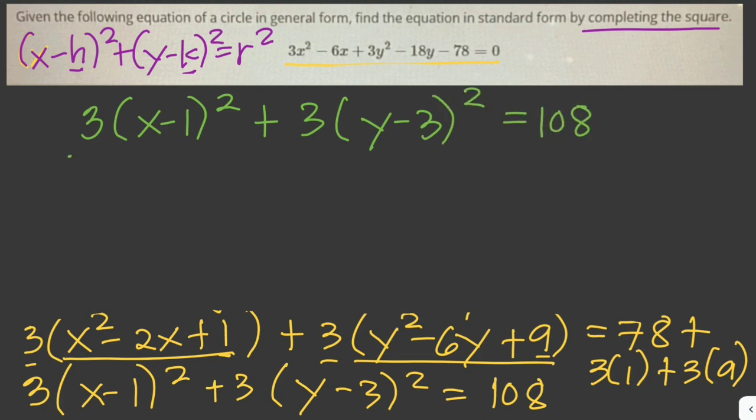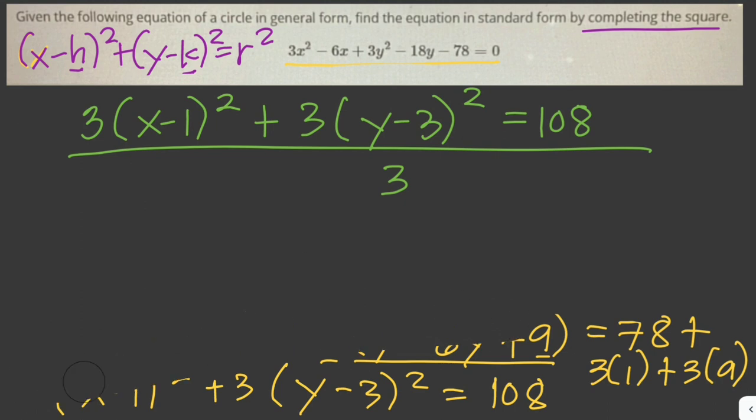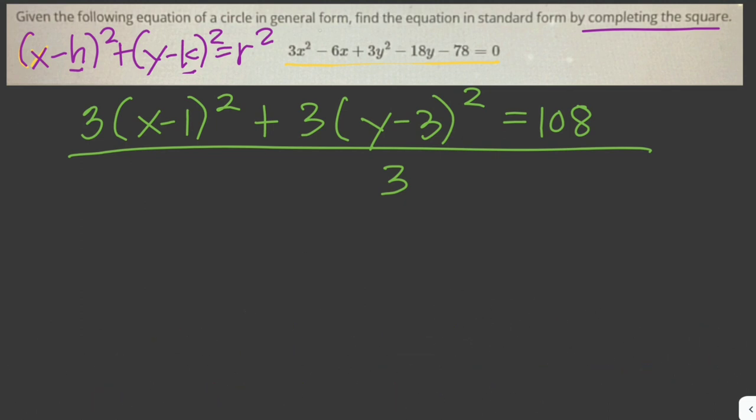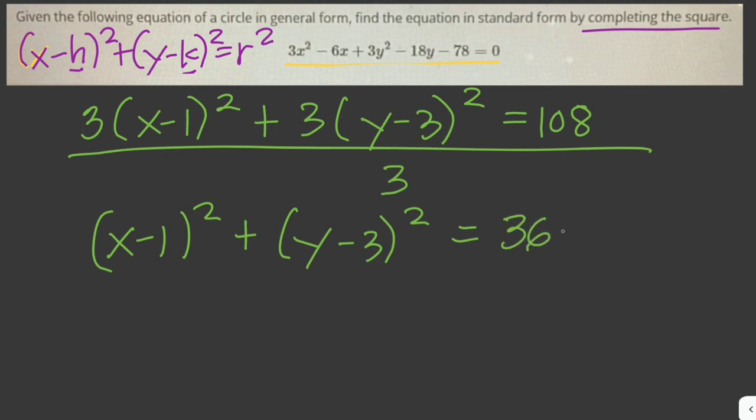Okay, let's divide both sides by 3 to get rid of the 3 here. So our equation would become (x minus 1) squared plus (y minus 3) squared equals 108 divided by 3, which is 36. Okay, we can now write this in this form.